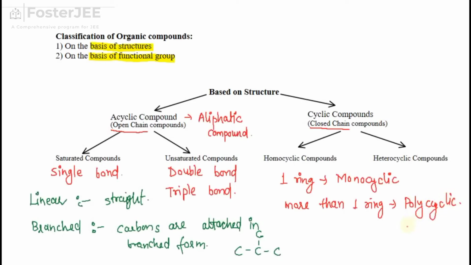So polycyclic means either it is dicyclic, tricyclic or tetracyclic compounds. All are known as polycyclic compounds. Now the cyclic compounds are further divided into two categories. First one is homocyclic compound and the second one is heterocyclic compounds. So let's discuss these in detail.